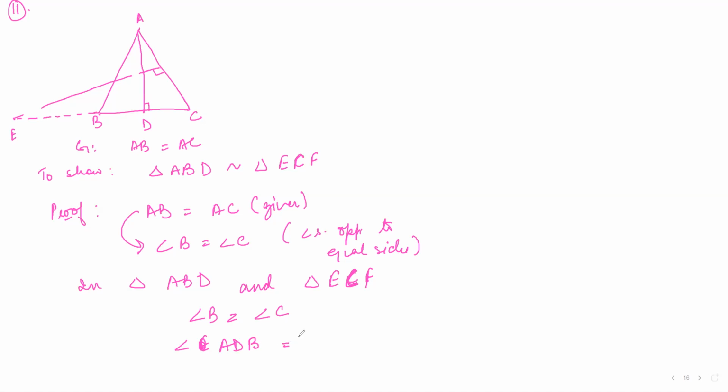Okay, is equal to, then triangle ECF is this one. So I'll take the triangle here, let me call it F. EFC. Now two angles are equal, therefore they are similar. So triangle ABD is similar to triangle ECF by AA criteria.